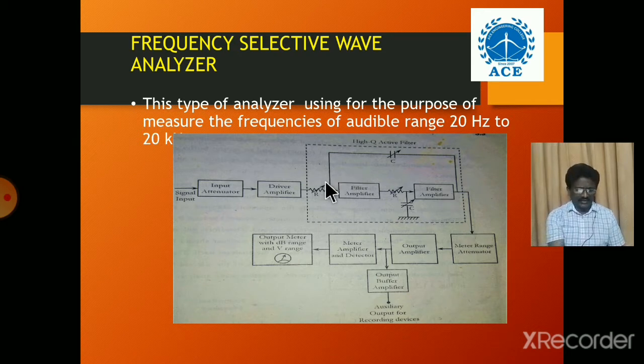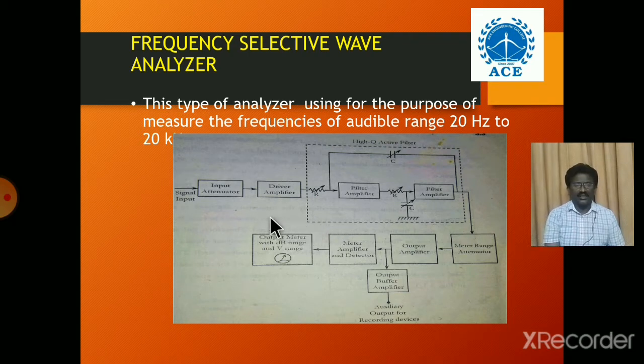It has blocks, the first one being the input attenuator. This analyzer consists of a very narrow passband filter tuned to a particular frequency component according to requirement. This figure shows the block diagram of the frequency selective analyzer.